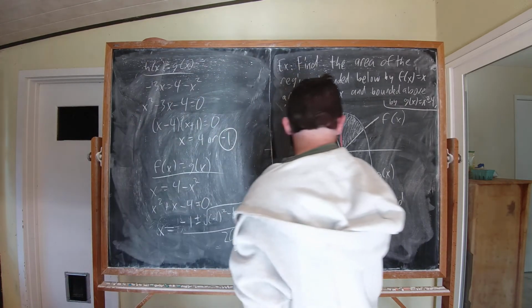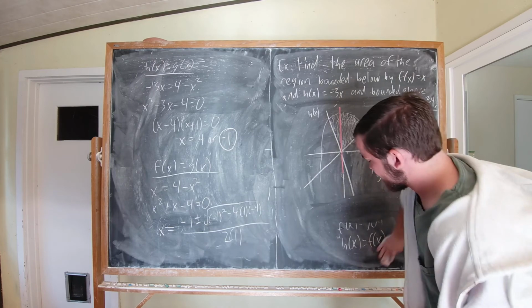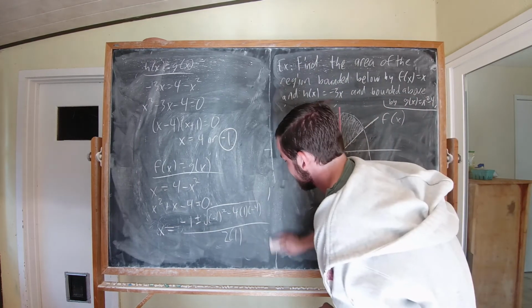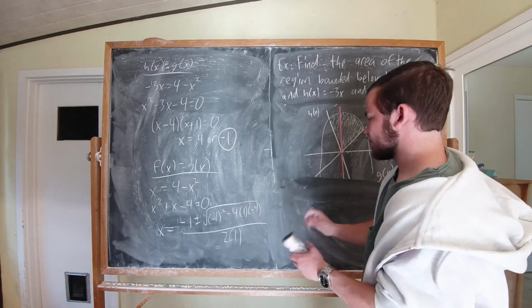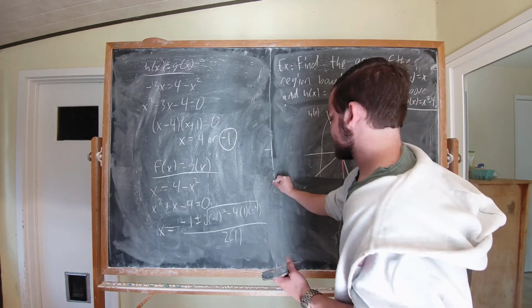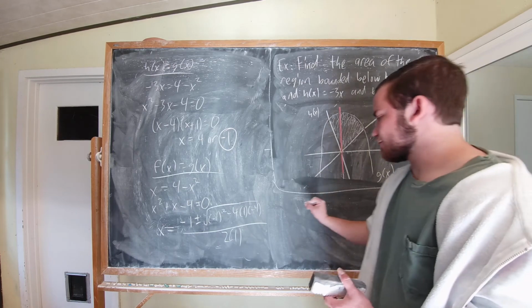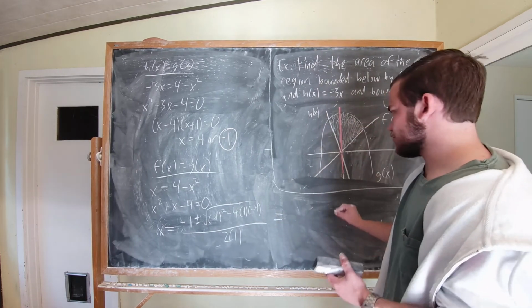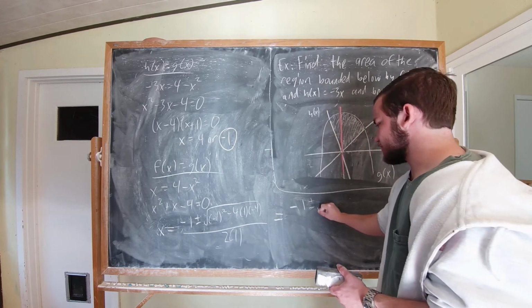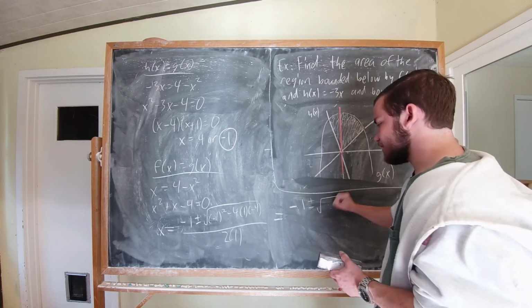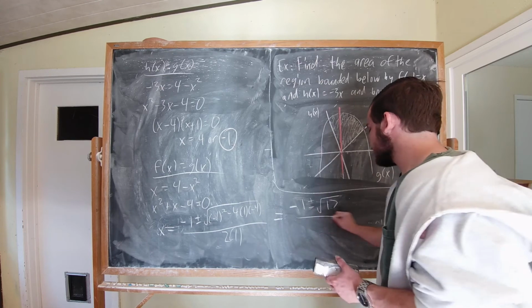Don't want to erase this. Carrying on from over there, this is equal to negative 1 plus or minus the square root of 17 divided by 2.